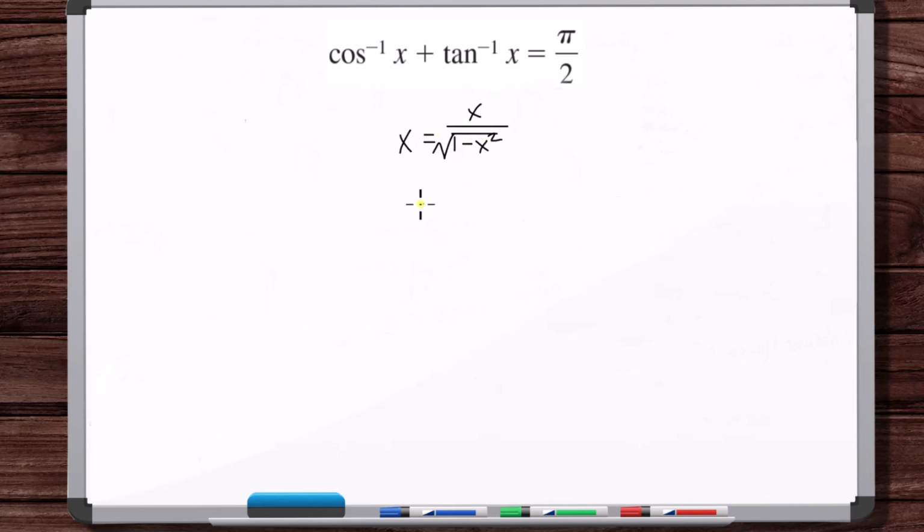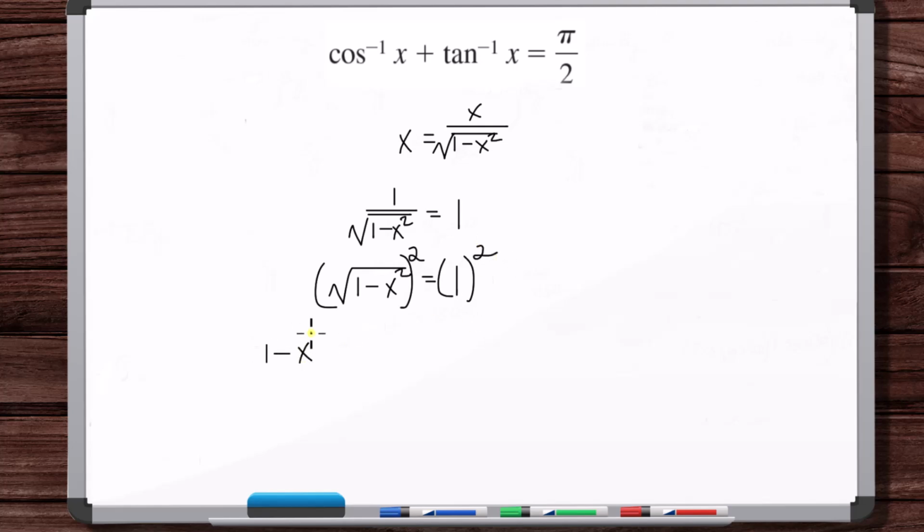Okay, divide both sides by x, and you get, cross multiply. Now square both sides. 1 minus.